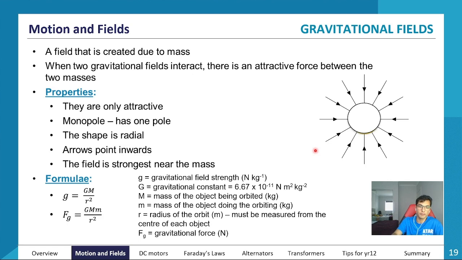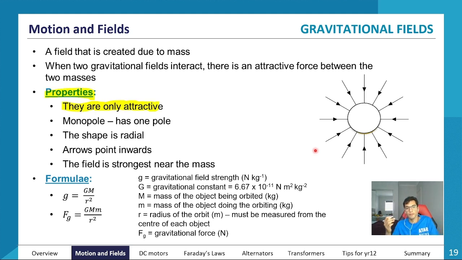Cool. And the first type of field that we will be dealing with is the gravitational field. And the gravitational field comes about with anything that has mass. So anything from the Earth to this pen has some sort of gravitational field. So some things you have to keep in mind. The properties of gravitational fields: gravitational fields are only attractive.